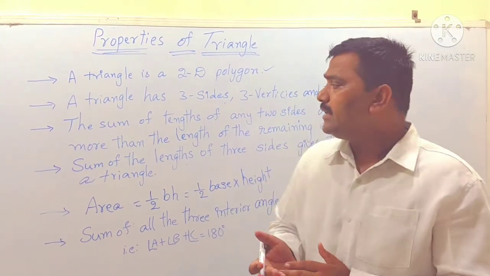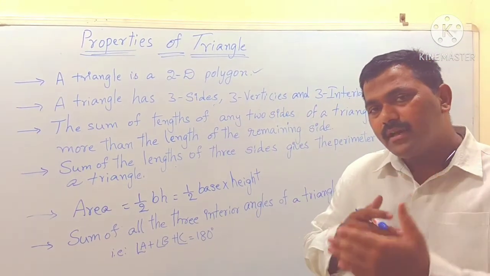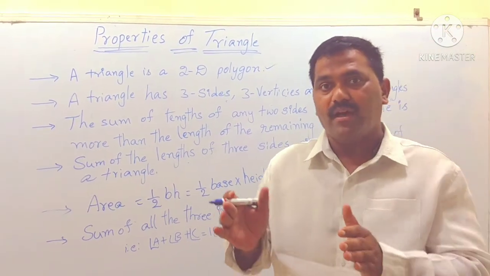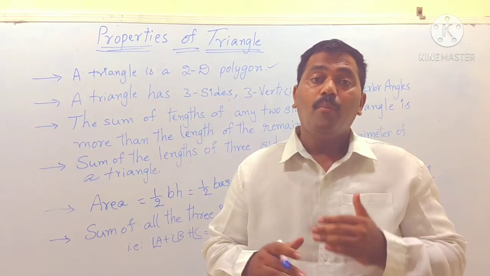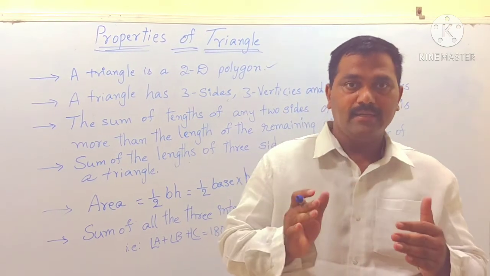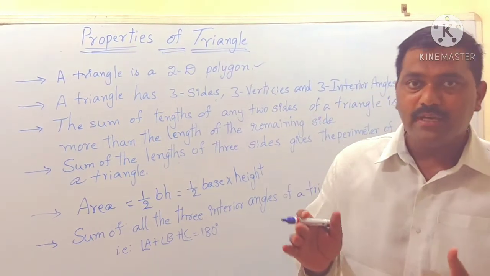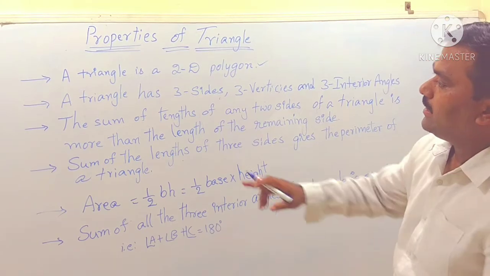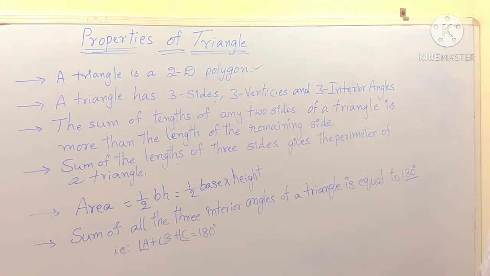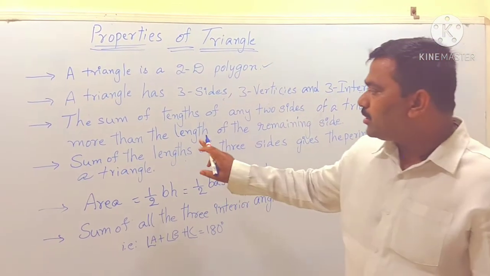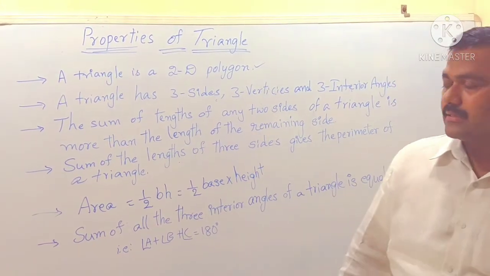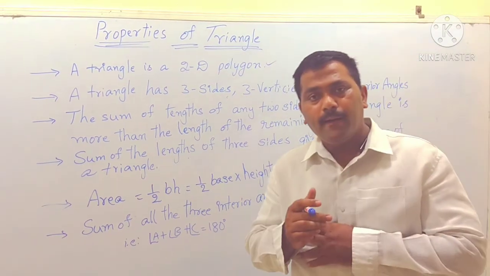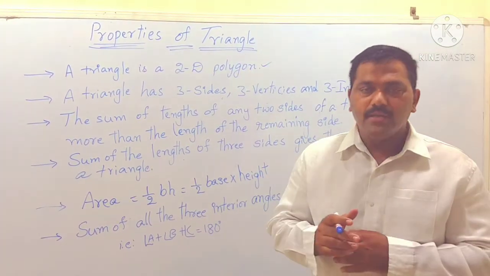Next, in a triangle, the sum of the lengths of any two sides is more than the length of the other side. Sum of the lengths of the three sides gives the perimeter of the triangle.